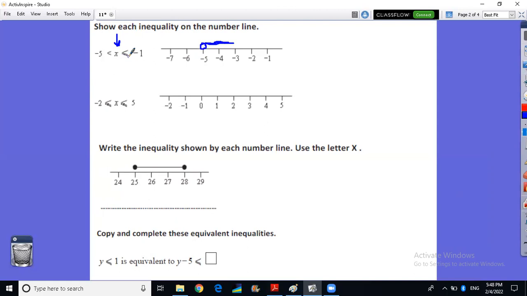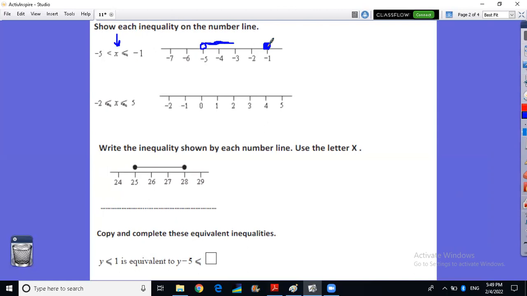They said it is less than -1. Okay, it is less than -1. Oh, they did not just say it's less than -1. No, they said it's less than -1 or equal to it. So it's less than or equal to -1. Once you see here the equal, that line, it means that I have to shade it.